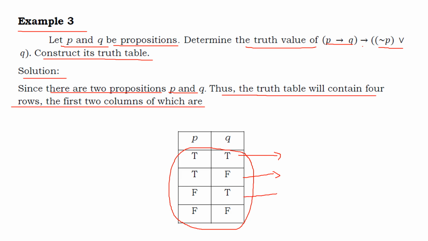Third, your first proposition P is a false statement, then your Q is a true statement. And the last combination is that both are false. So these are the 4 combinations that we can get from these two propositions in this example number 3.